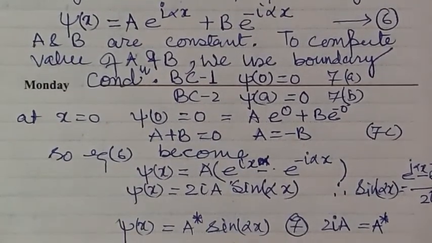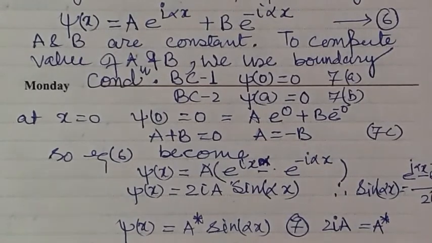So what are the boundary conditions? First of all, think about the particle at x equal to 0 and x equal to a. The particle should not exist at these boundaries. Therefore, the corresponding wave function must be 0.